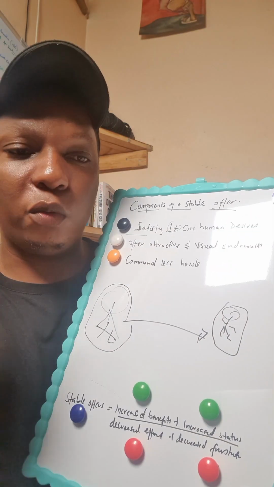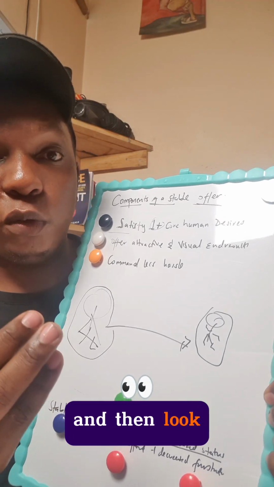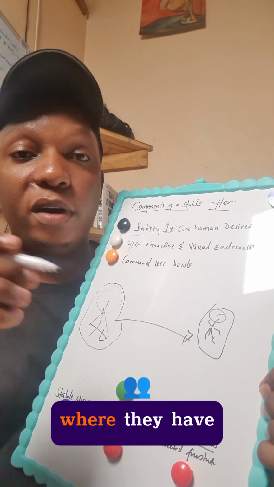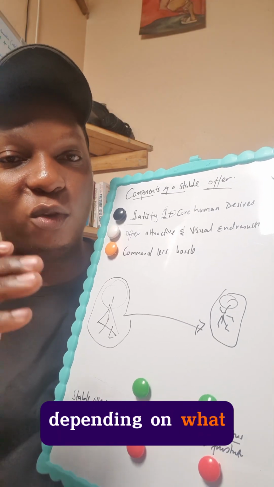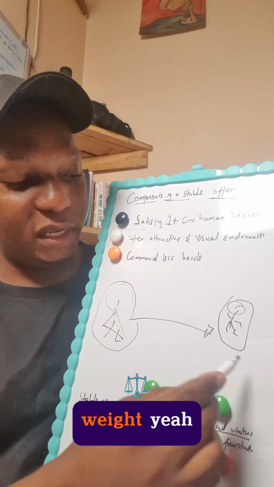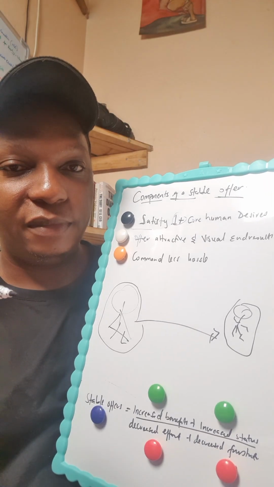If it is growth and development, maybe they want to lose some weight and look fit so that they match into the belonging of society where they have to look clean, lean, smart, and slender, depending on what core human desire you're targeting. But for instance, if they want to lose weight, you have to be in a position to offer an attractive and visual roadmap.